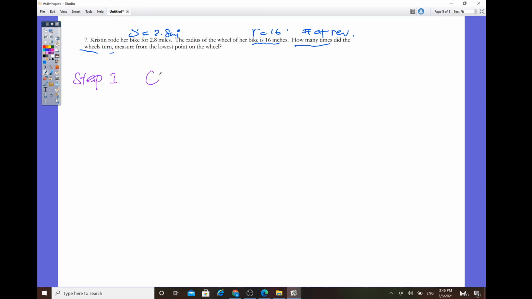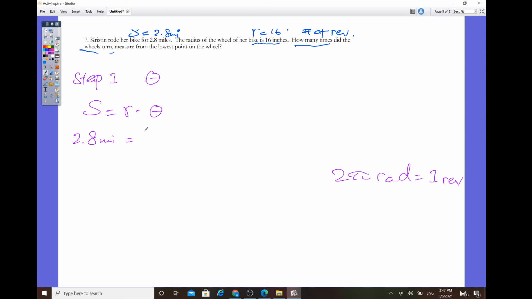The reason we need to know theta is that once we get theta, we can convert it to the number of revolutions, because 2 pi radians equals 1 revolution. In order to find theta, use the arc length formula, S equals R times theta. The arc length is 2.8 miles, and the radius is 16 inches.